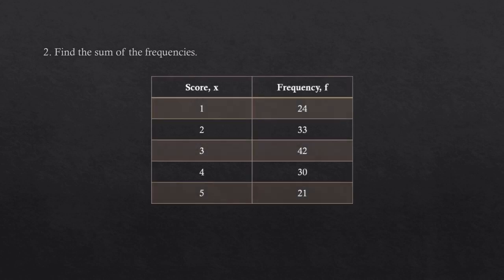Second, find the sum of the frequencies: 24, 33, 42, 30, and 21. The sum is 150.